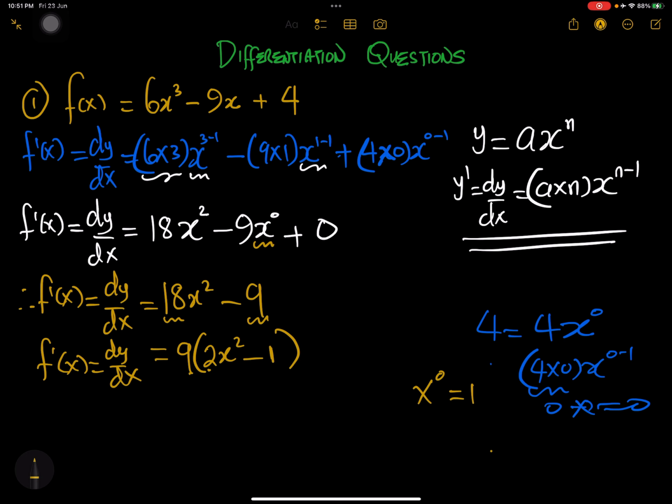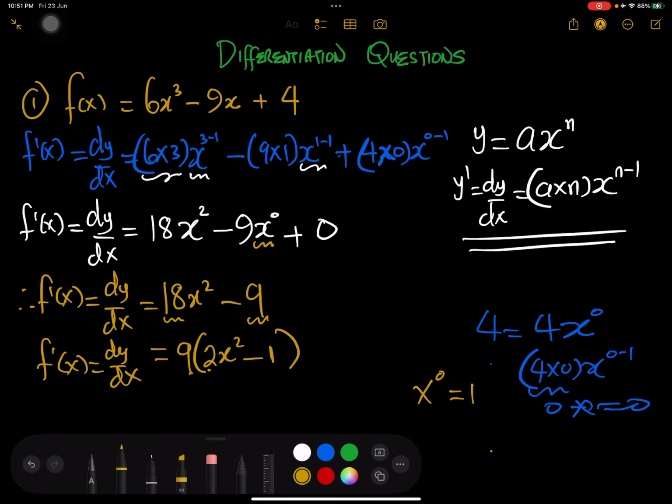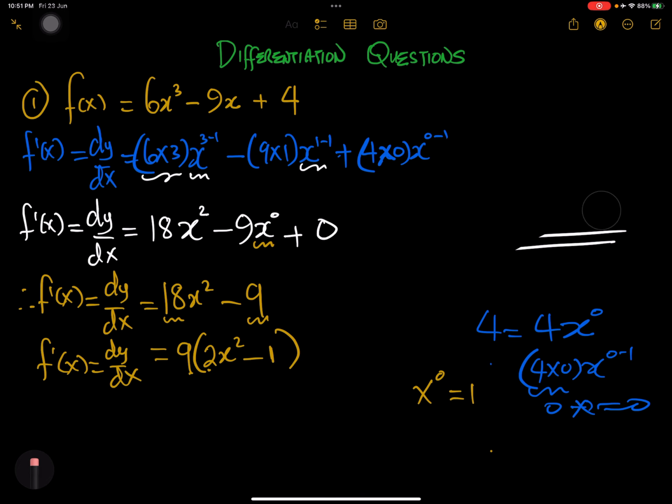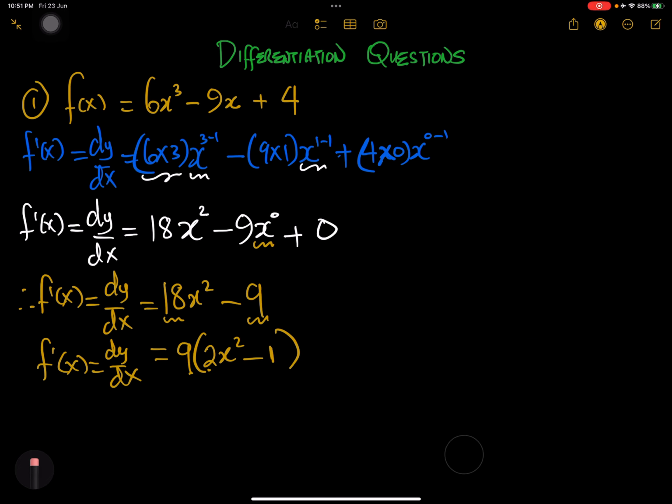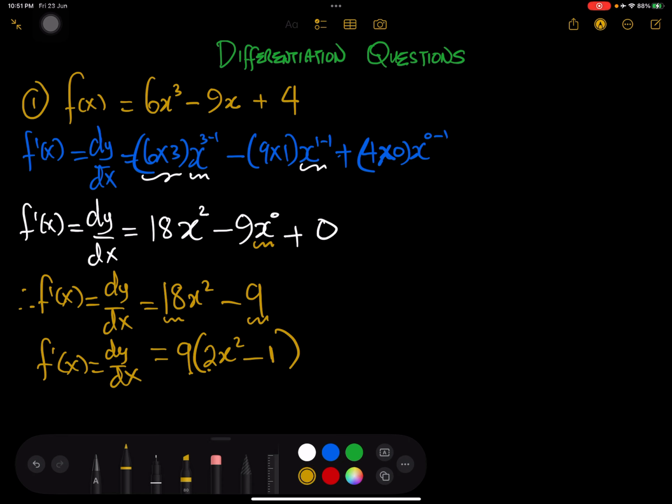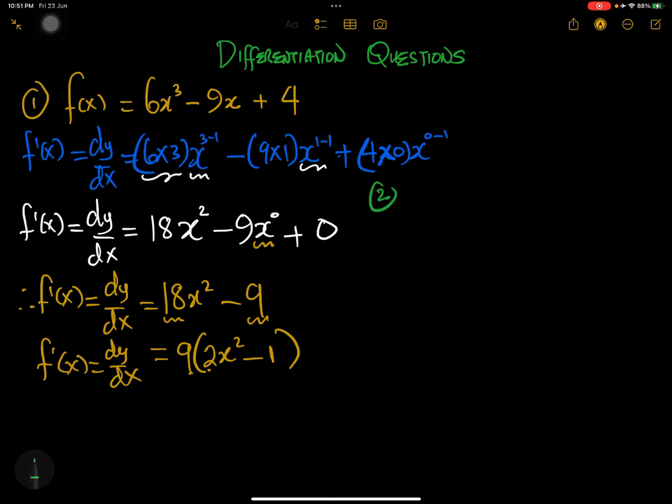Now, let's continue with our second problem. It's something maybe similar to what we have done today. So we're going to look at question 2. We have y is equal to 2t to the power of 4 minus 10t to the power of 2 plus 13t.